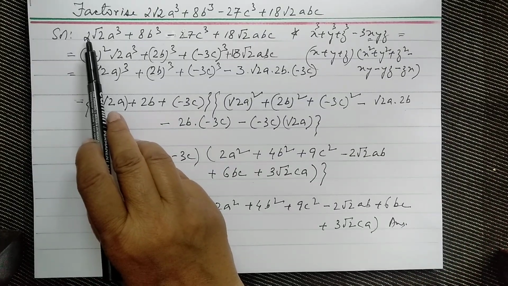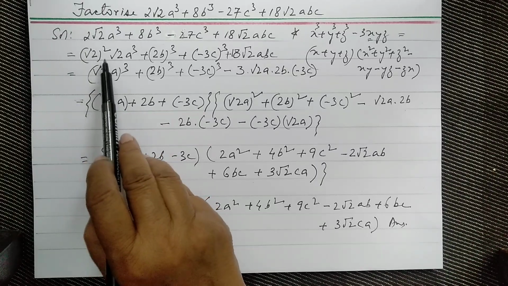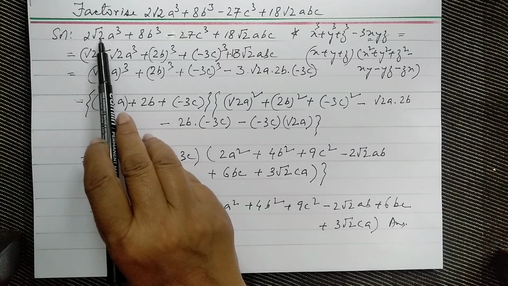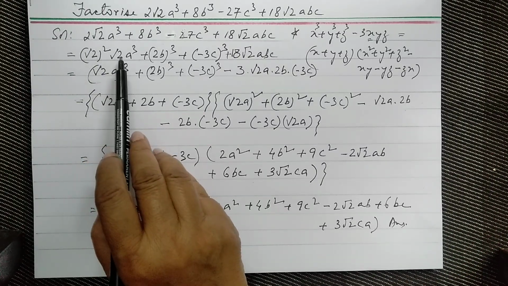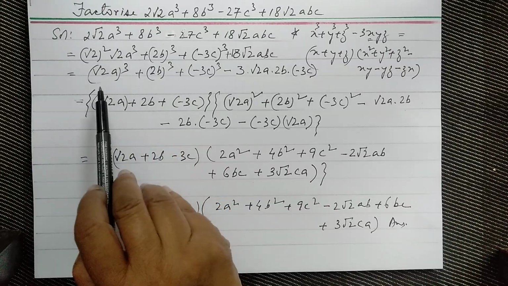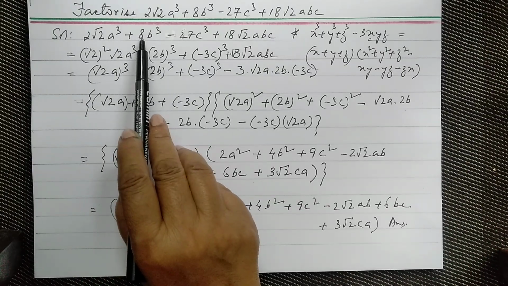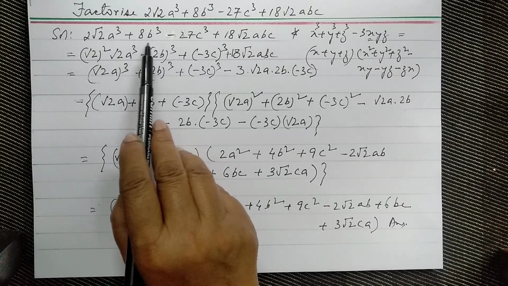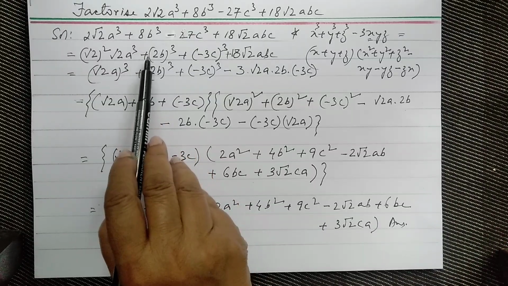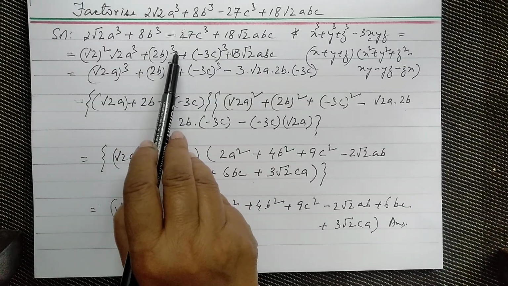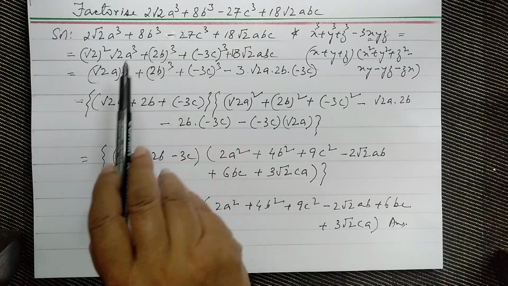which gives me 2. So 2 can be written this way too, and root 2 is dropped down here and a cube. We do this, 8b cube means 2 into 2 into 2 is 8. So we write 2 to the power 3 and b to the power 3 as well, which will give me 8b cube.